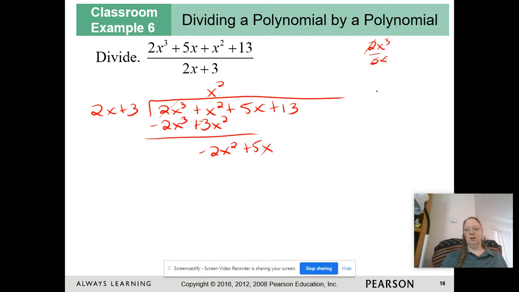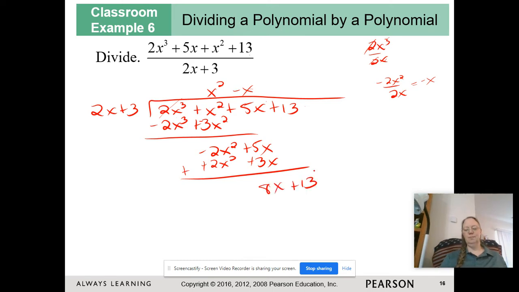And divide. It's going to go in negative x times. And multiply. Don't forget to distribute. And change the signs. And now we're going to add.